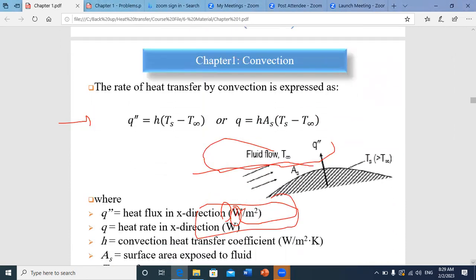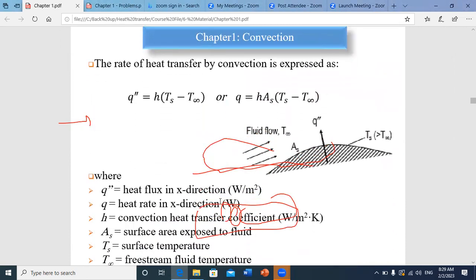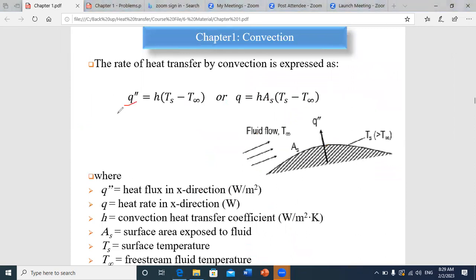So now, as a summary, the rate of heat transfer, Q dot, can be given here. Also, we can talk about a flux and a rate. The flux is per unit area, so its unit is watt per meter square. The convective heat transfer coefficient unit is watt per meter square Kelvin.